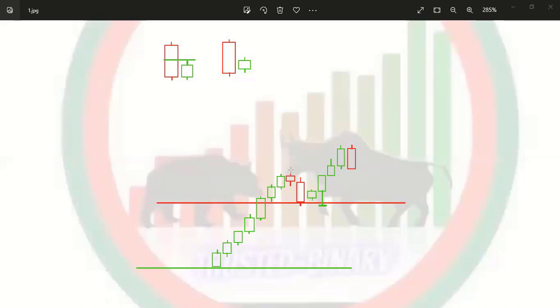Then breakout happened, then market again came back to this area. That means it's a support area now, and market again starts going up. So when market came to this area, think that it's a strong area by the seller side. Market created a bearish engulfing pattern. After that, market again started falling down like this.